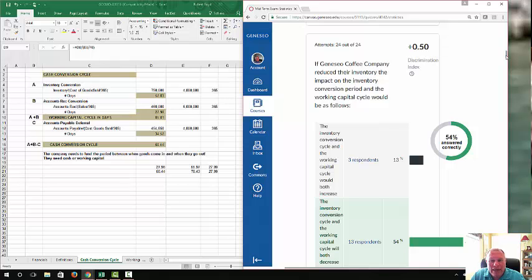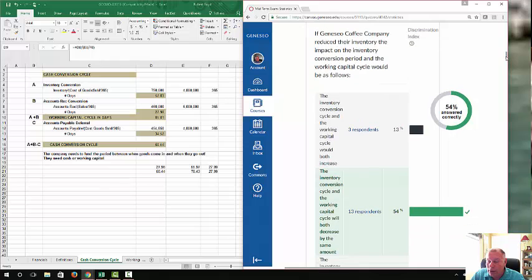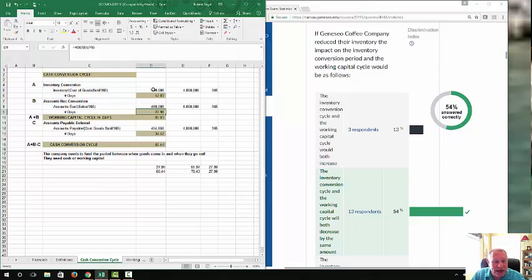The next one: if they reduced their inventory, same question, everything else being equal. Let's mark this down again. We got 57.03 and 50.44. All things being equal, these don't change, and we're going to reduce inventory by 100,000.